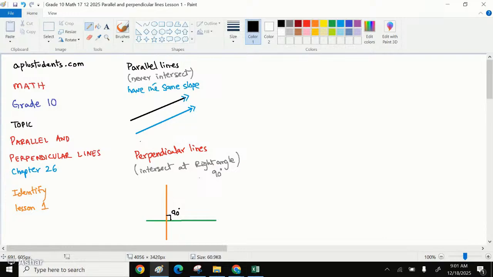There are three types which we would be considering here: parallel, perpendicular, and skew.